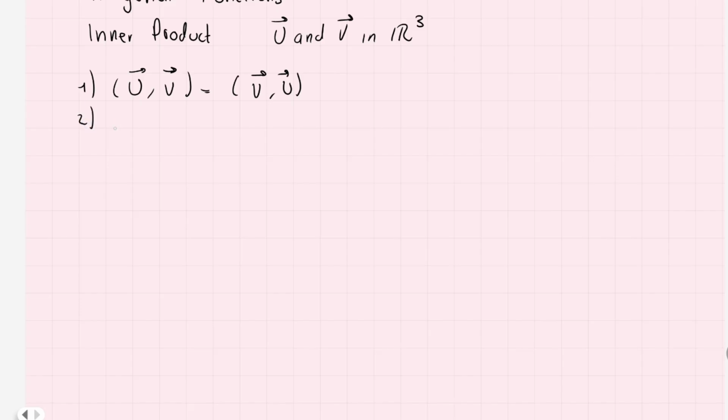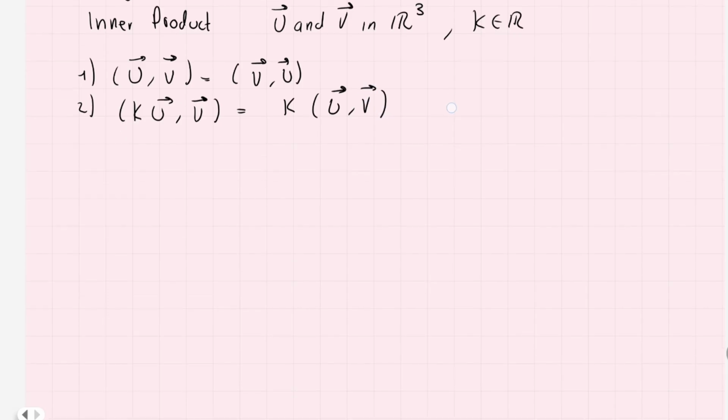The second property is that a scalar that multiplies u, and then we make the inner product with a vector b, is going to be equal to that scalar times the inner product of u and b.